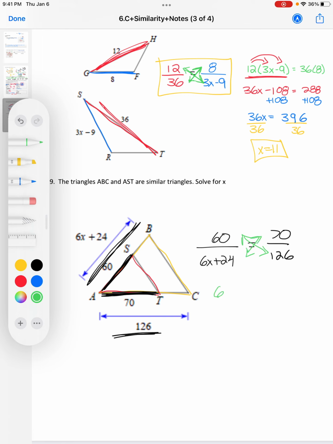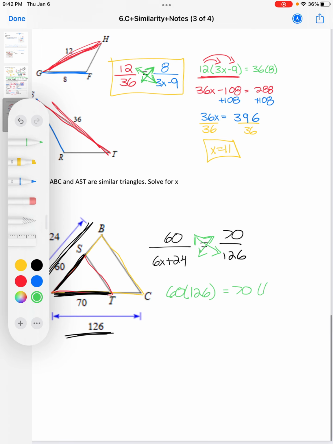So I really have 60 times 126 equals 70 times 6x plus 24. So we can times those together and times those together. So let's use our calculator. So 60 times 126 gives us 7,560.